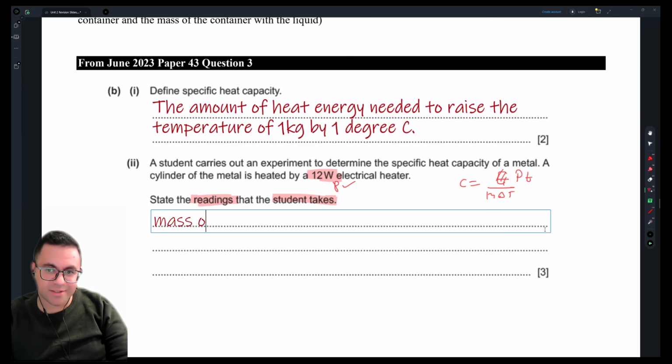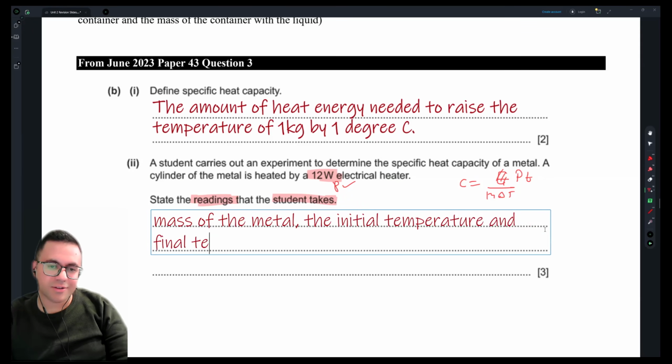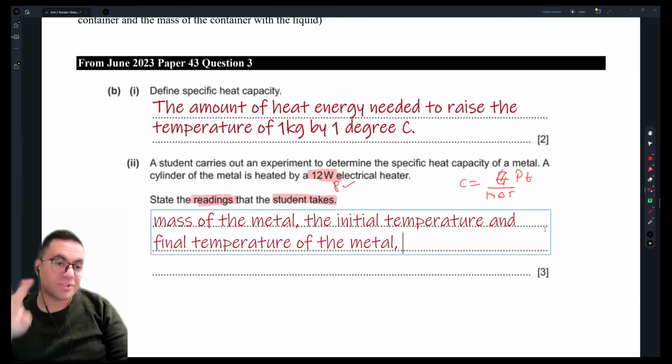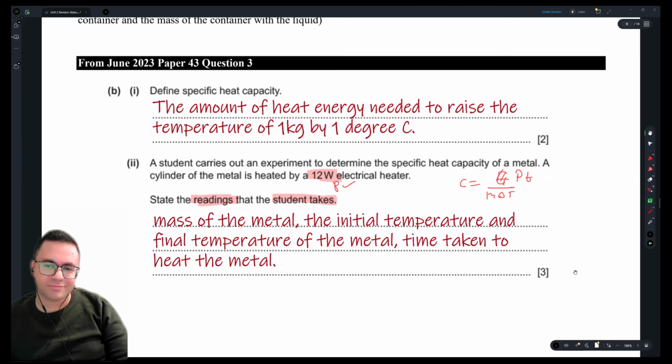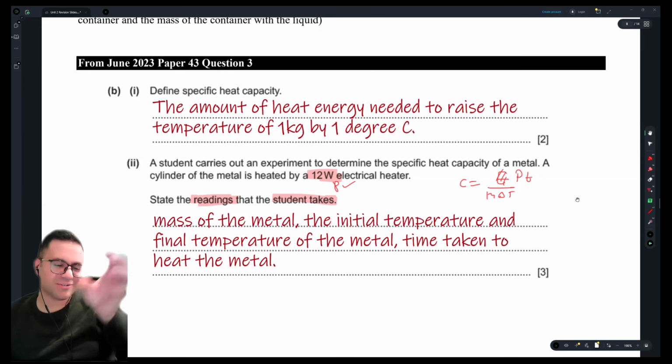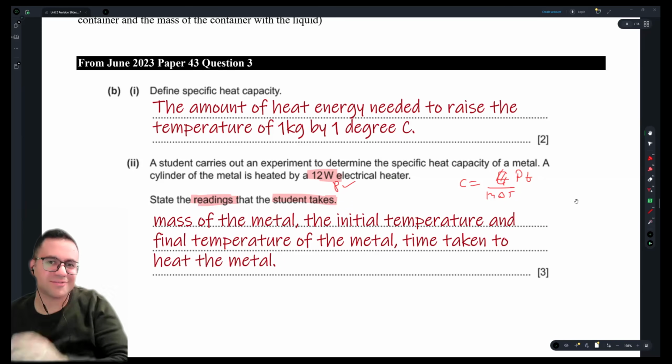The mass of the metal, the initial temperature and the final temperature of the metal. So T1 and T2, and the time taken to heat the metal. This answer could have been much shorter if I said mass, initial and final temps, time taken, done.